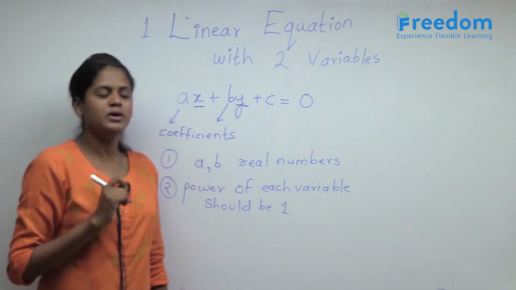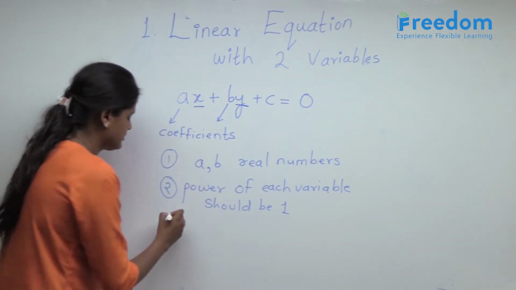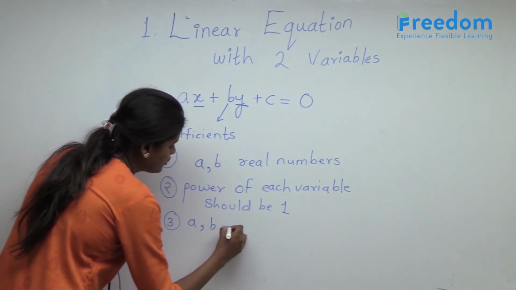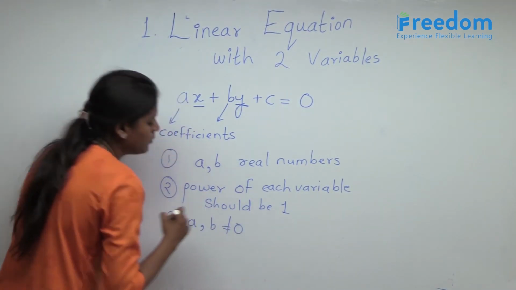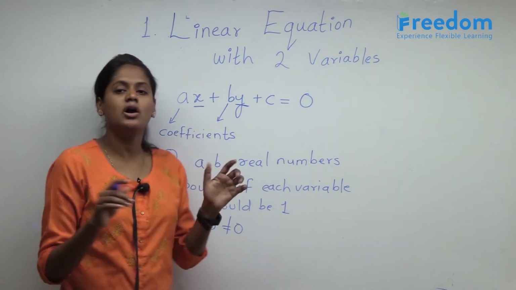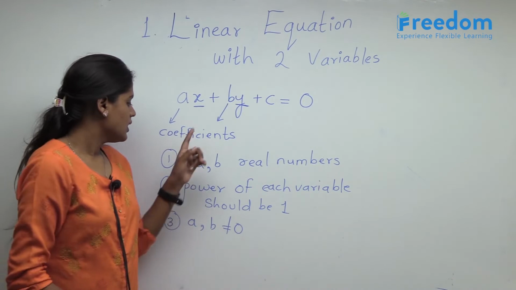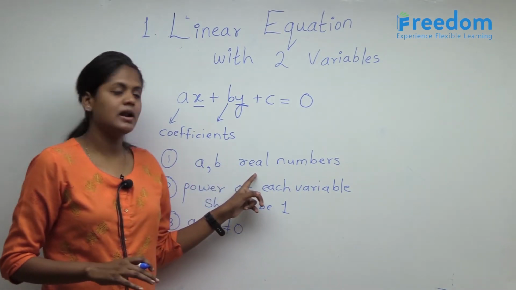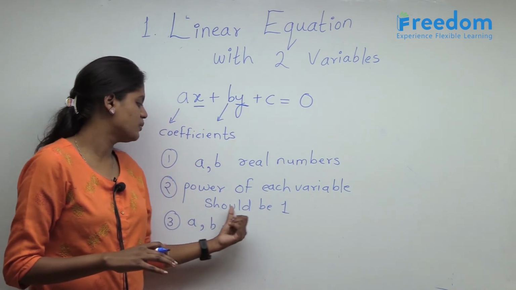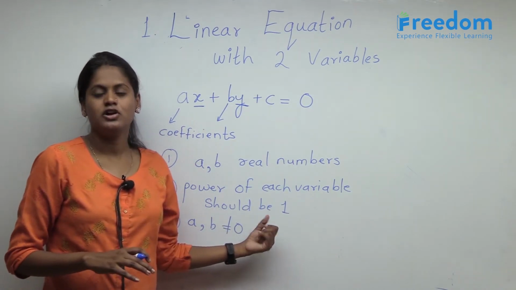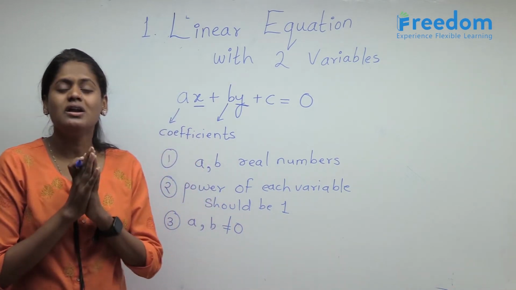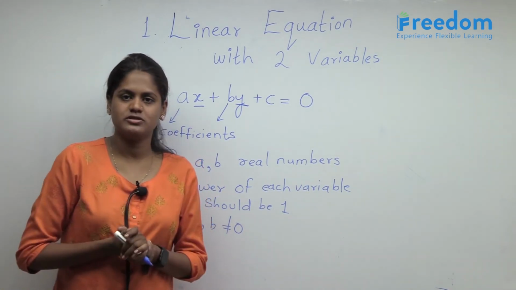Degree or power should be 1. Next, a comma b should not be equal to 0. A and b should not be equal to 0. A and b are real numbers and the power of each variable should be 1. These are the conditions required for linear equations with two variables.